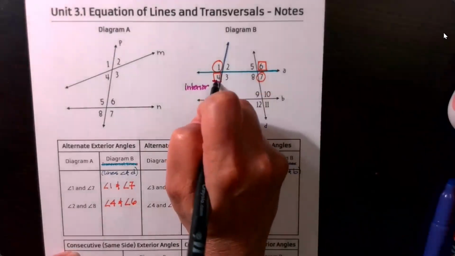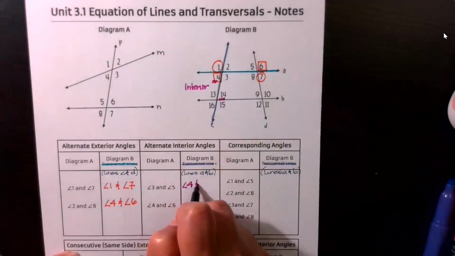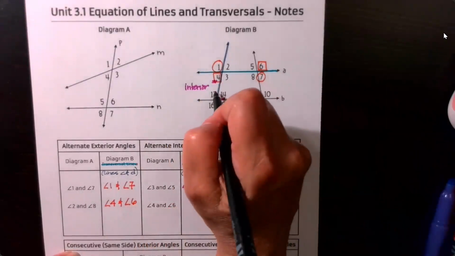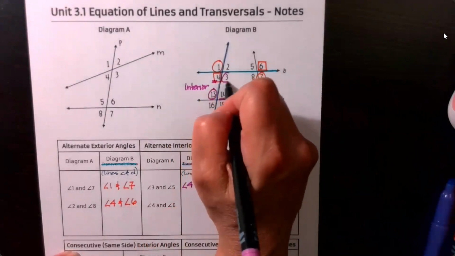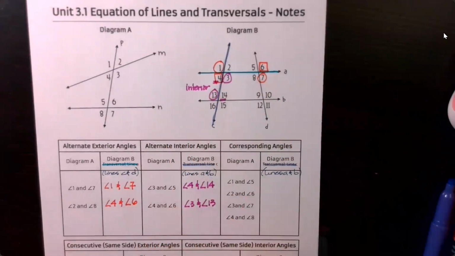So one set is angle 4, angle 14, and the other set would be angle 3 and angle 13.